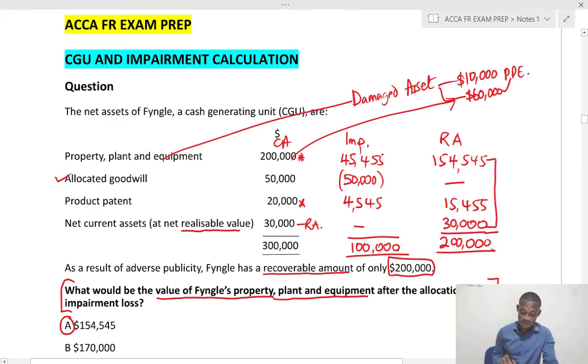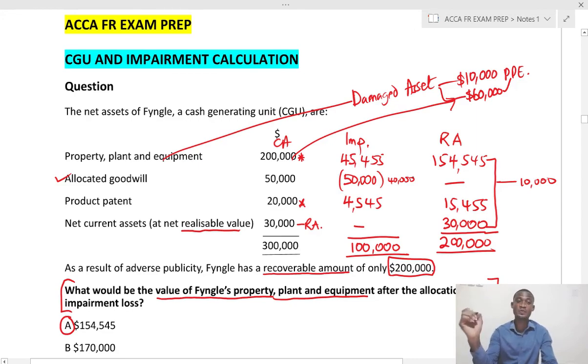The balance remaining is 40,000, which will be charged against the goodwill, and the goodwill at the end will have a balance of 10.